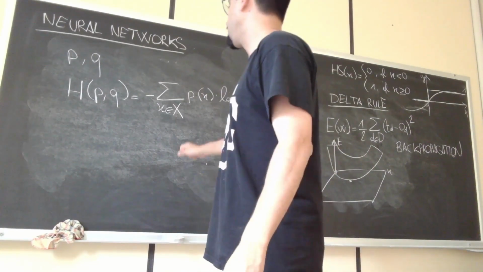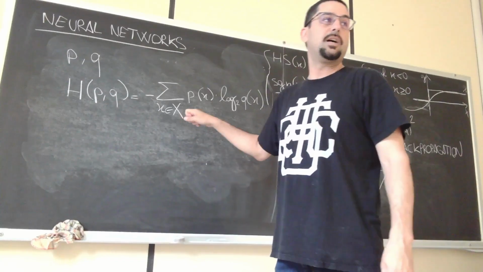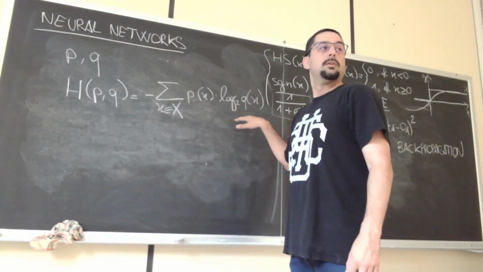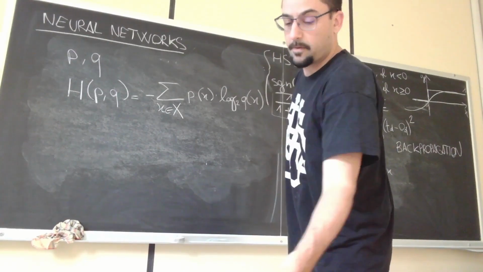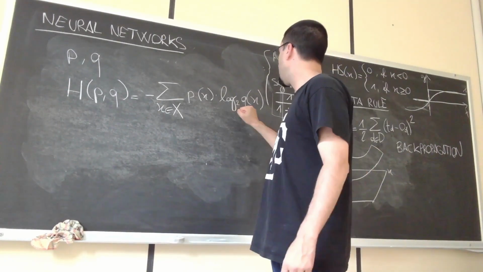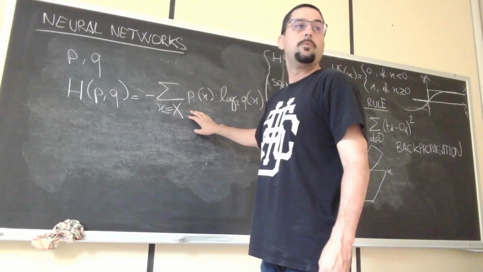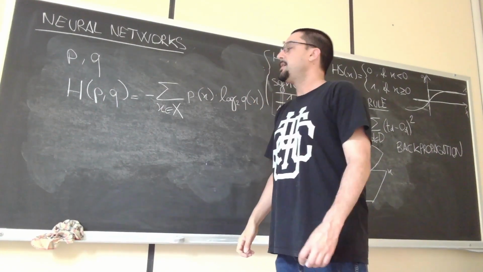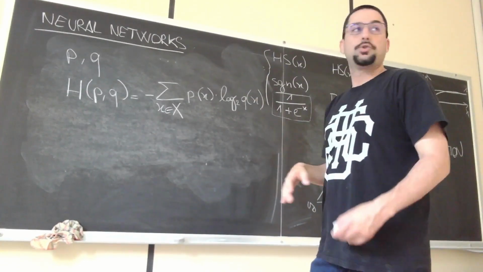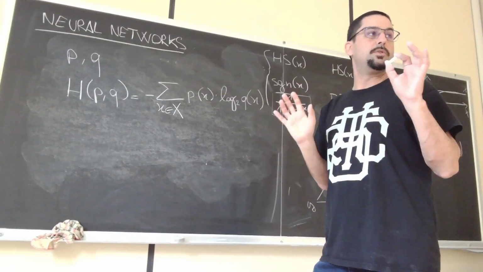Intuitively, it tells you the average number of bits needed to encode something coming from the distribution P when we are using Q as a model. So in a certain sense, it measures how far these two distributions are.